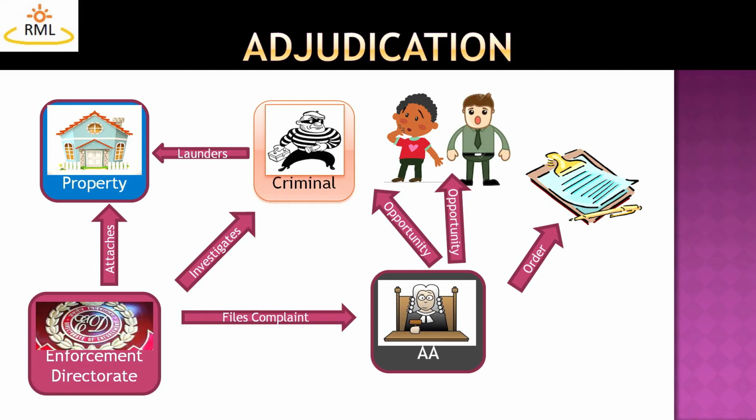Once the property has been confirmed, it will remain with the ED till the conclusion of the criminal trial. It is only after the criminal trial is over that the final confiscation to the central government will take place. However, meanwhile, any of the aggrieved parties have the option to appeal before the appellate authority within the stipulated time.